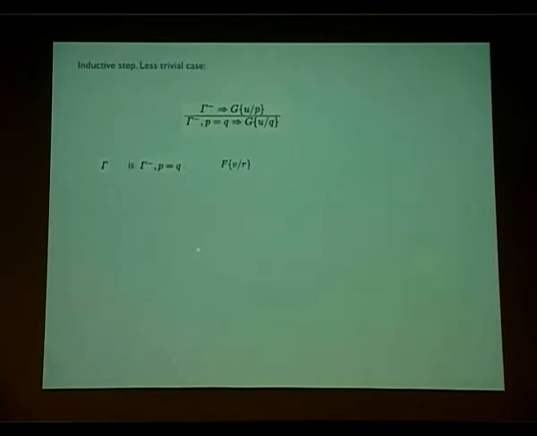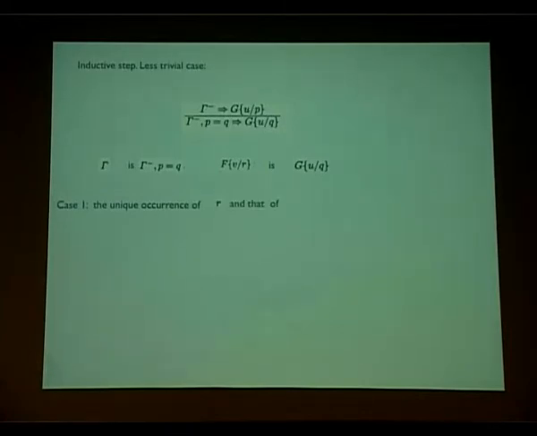This is the less trivial case. The gamma is gamma minus p equal q. It is there because of a monic congruence rule. In this case, this G of uq can be seen also as f of VR.